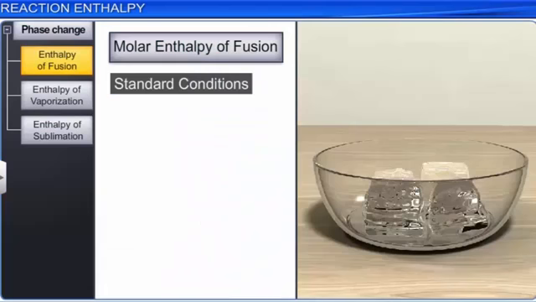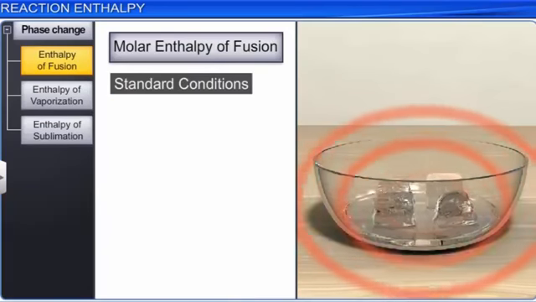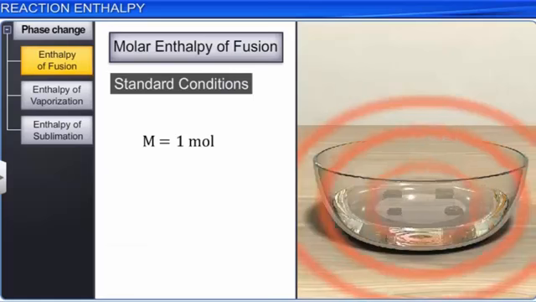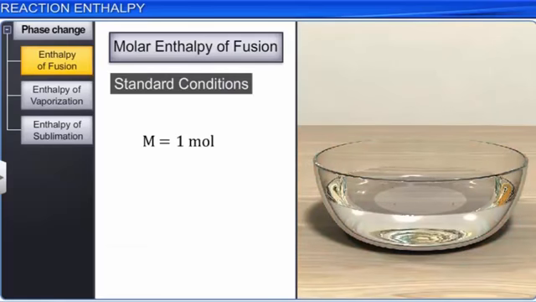Standard enthalpy of fusion is the enthalpy change accompanying the melting of 1 mole of a solid substance in standard state into its liquid state. It is also called molar enthalpy of fusion and is represented as ΔfusH°.